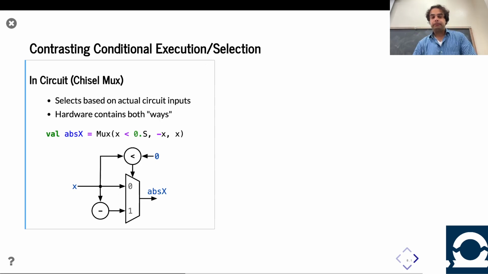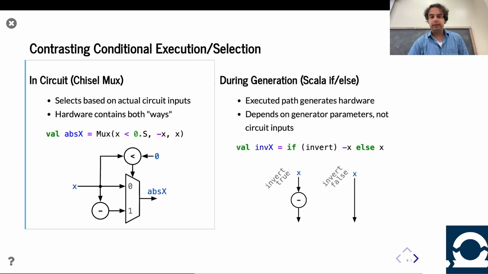Now, if I use an if statement in Scala, that's also useful, but it's a very different thing. So remember, part of what we're doing with these Chisel designs, we're not just writing hardware designs, we're writing hardware design generators. So that generation step is an important part of the realization of the hardware. So our Chisel program runs, and as it's evaluating itself, it is generating the hardware, right?